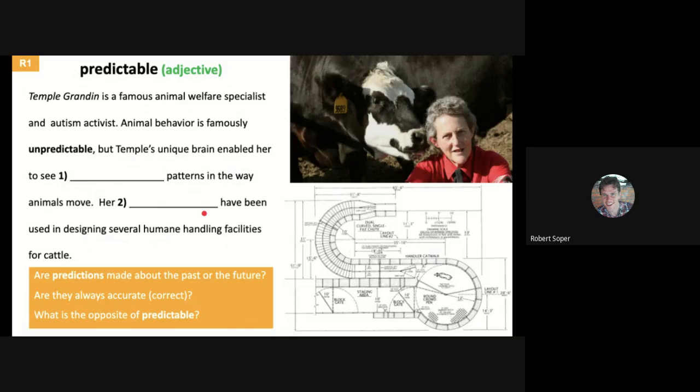Okay, before we move on from this, let's think about the word prediction. There are some questions down here. Are predictions made about the past or the future?